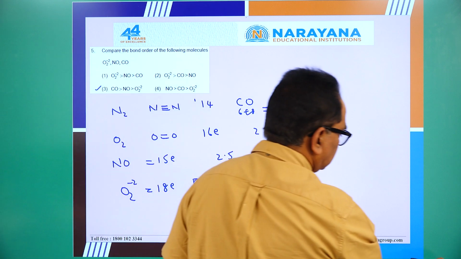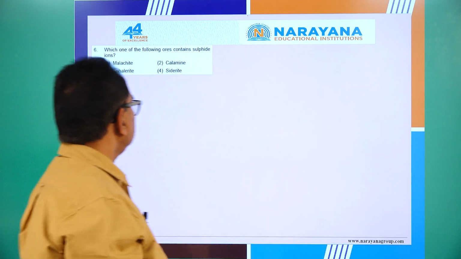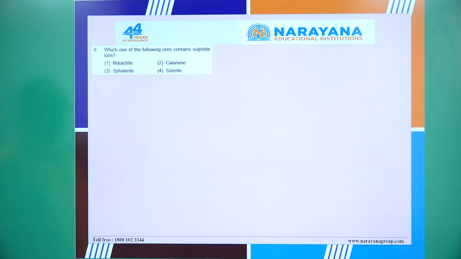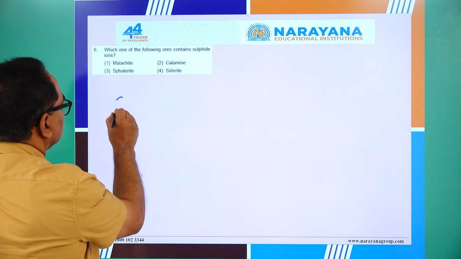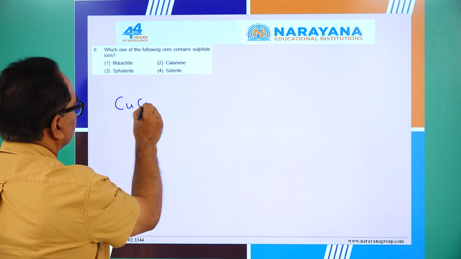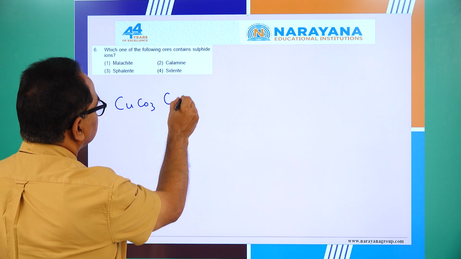Moving to the next question. Which one of the following ores contains sulfide ions? Malachite is CuCO3, Cu(OH)2.